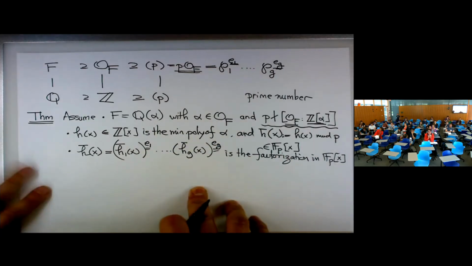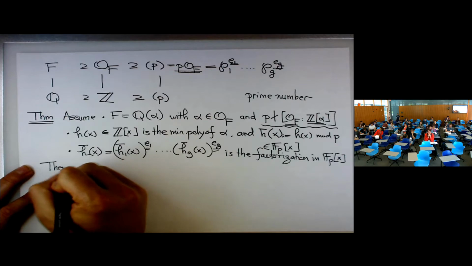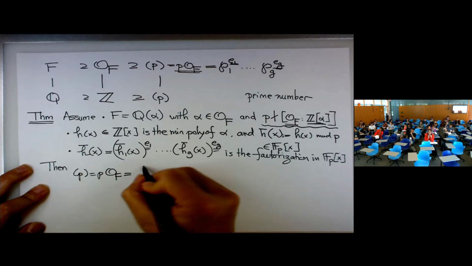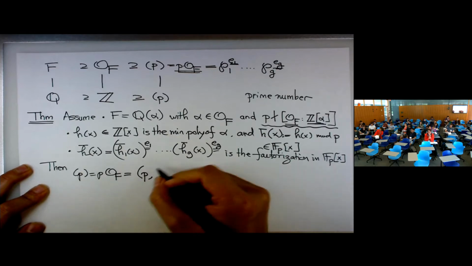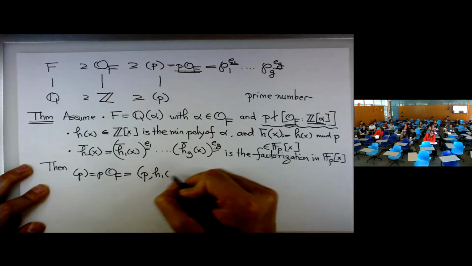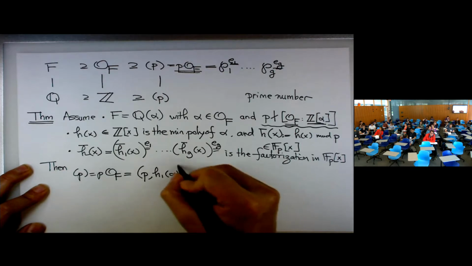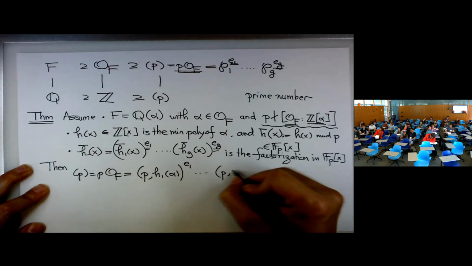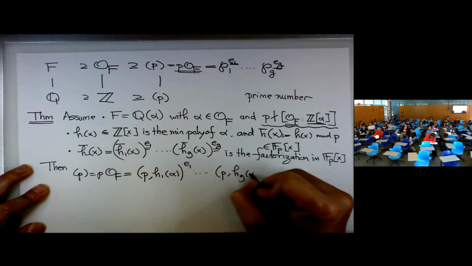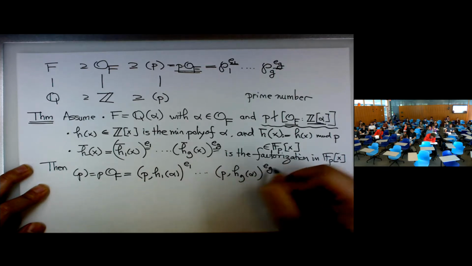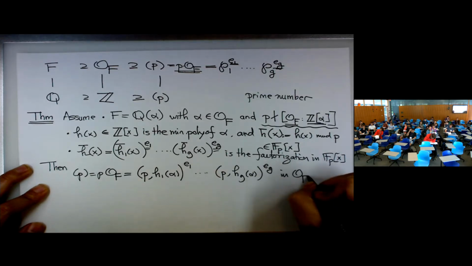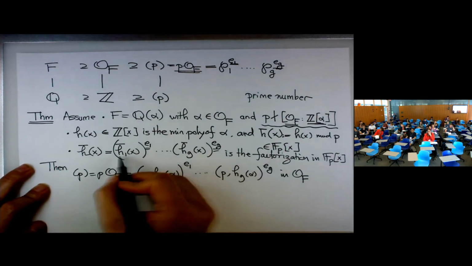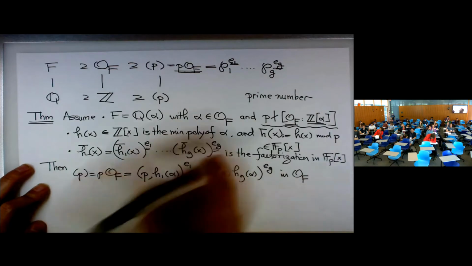Then this P, namely POF, will be factored as an ideal which looks like this: (P, H1(alpha))^e1 up to (P, Hg(alpha))^eg. I wrote it here without saying that these Hi are different; otherwise you just group them together.